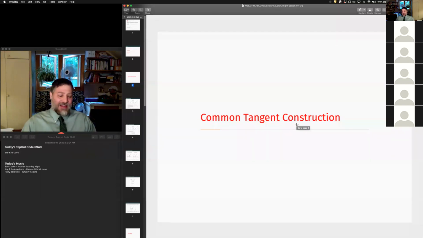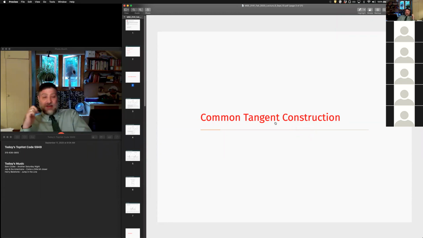It's also a review because you did see this from Professor Akbar. But it's so central to everything we're going to be talking about: this common tangent construction for equilibrium in heterogeneous materials.